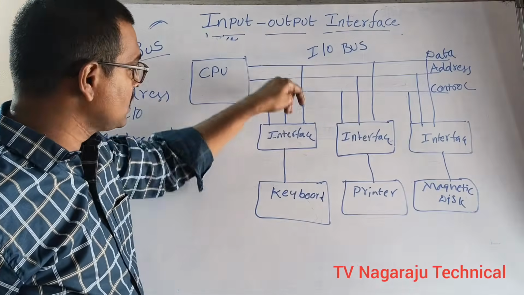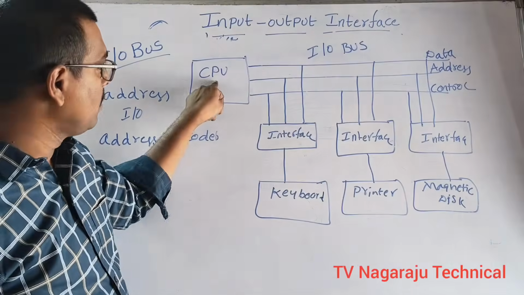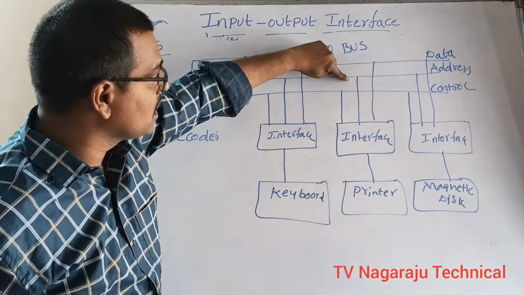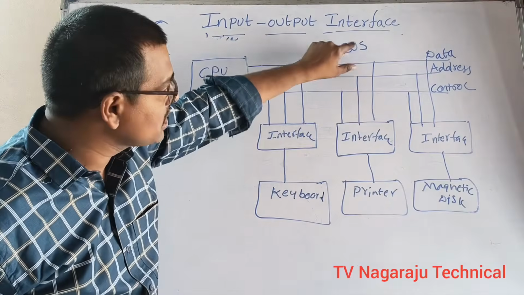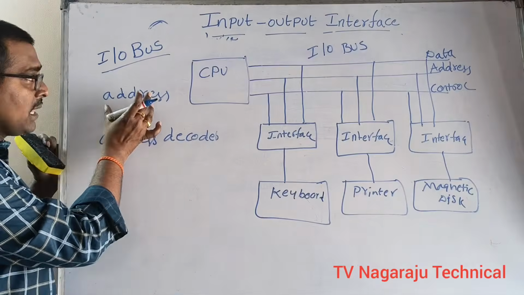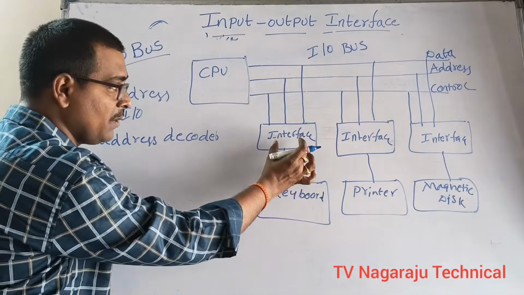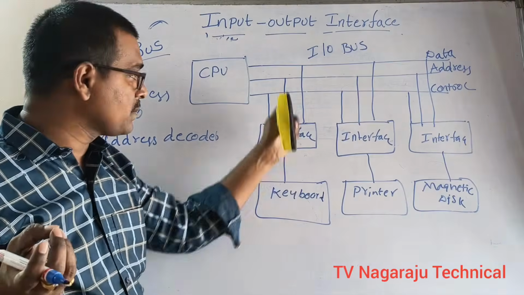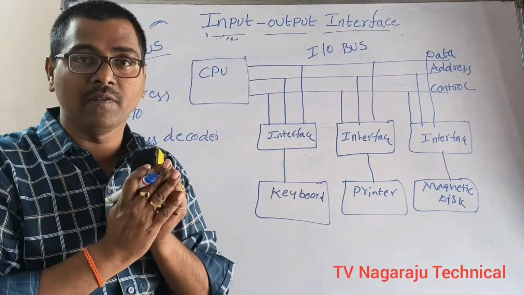For example, if the CPU places the address of the printer, this interface detects that this is the address of the printer, and simply this path is activated. Clear? Based on the address placed by the CPU, the internal address decoders identify the corresponding address and the path is activated.